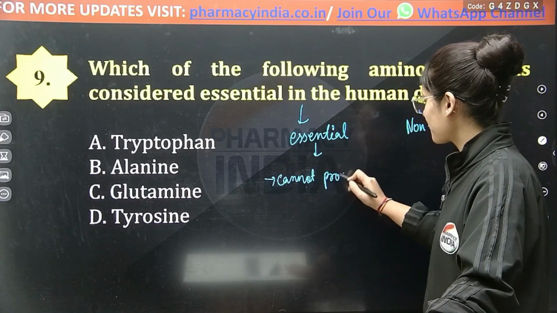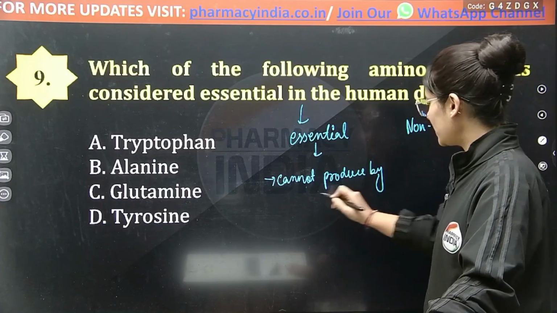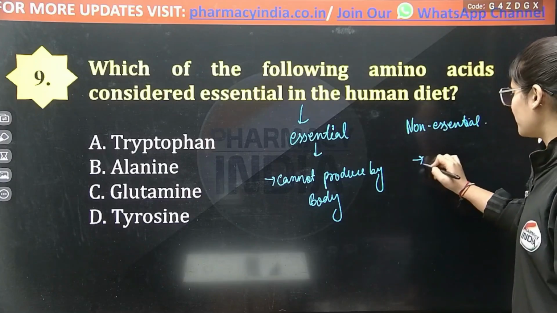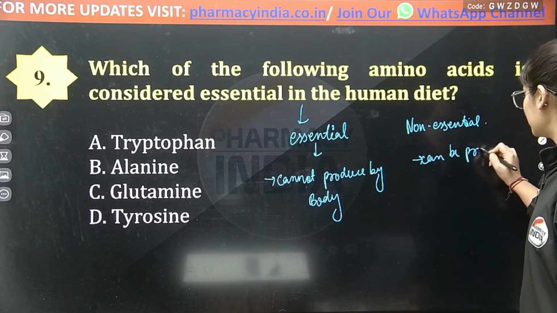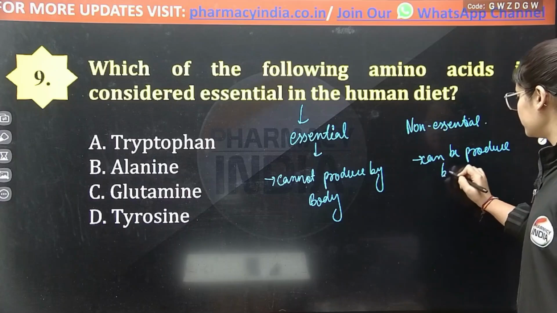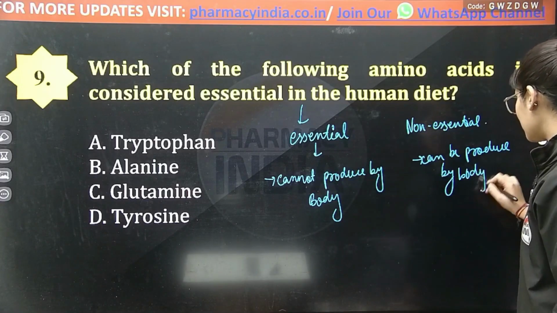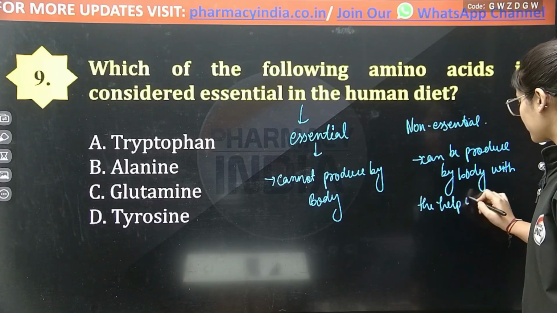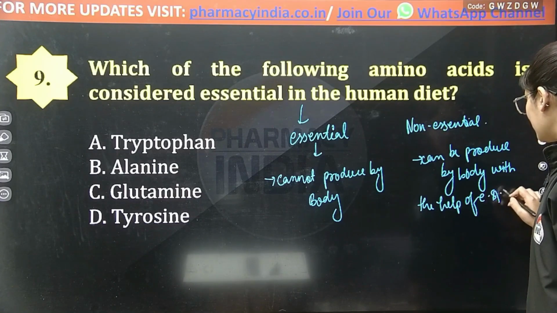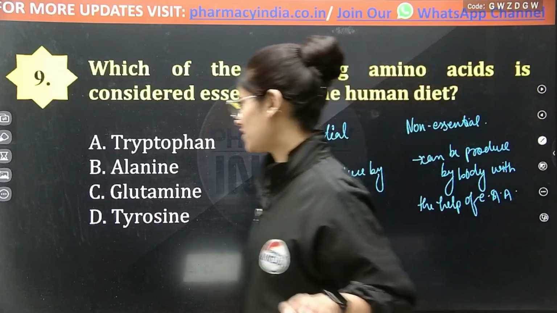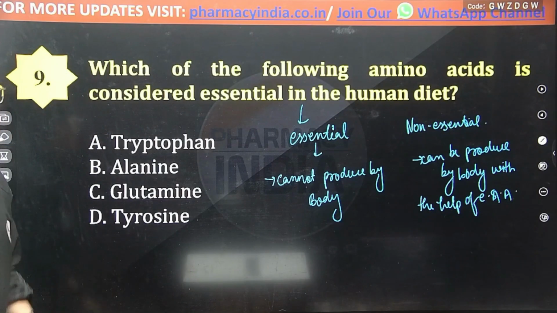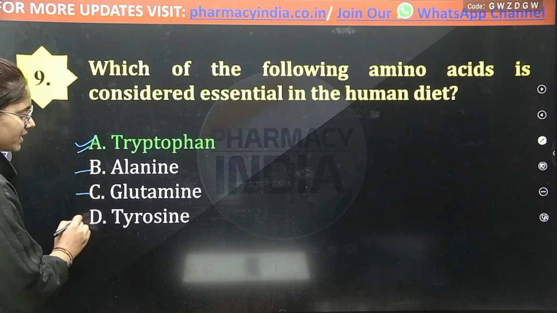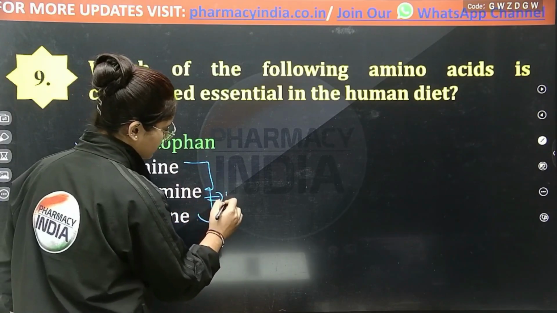Non-essential amino acids can be produced by the body with the help of essential amino acids through the process of transamination. Tryptophan, alanine, glutamine and tyrosine: the correct option is obviously tryptophan, since alanine, glutamine and tyrosine are non-essential amino acids.